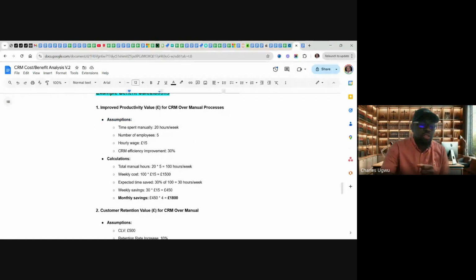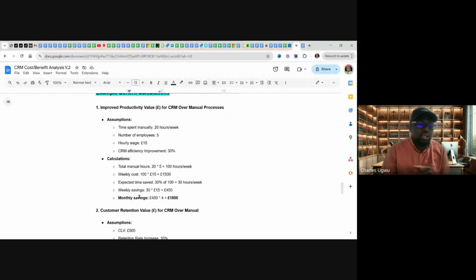So to get the calculation, say total manual hours times 5, that is 100 hours a week. Weekly cost is 100 times 15, that's the 15 hourly rate, and expected time saved, which is 30%, is 30 of 100, equal to 30 hours a week.